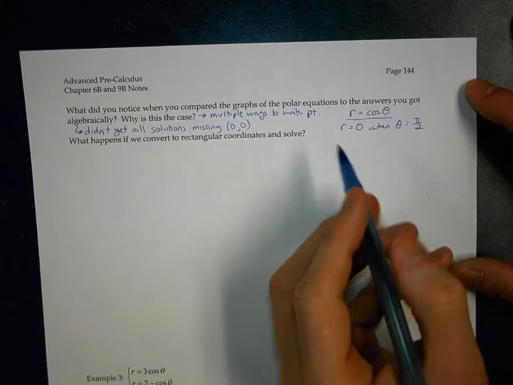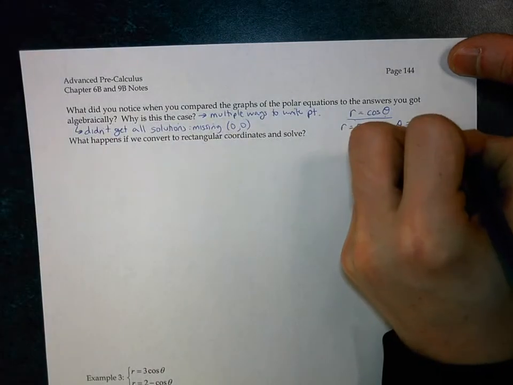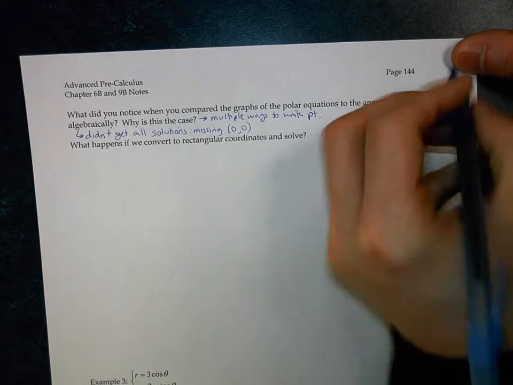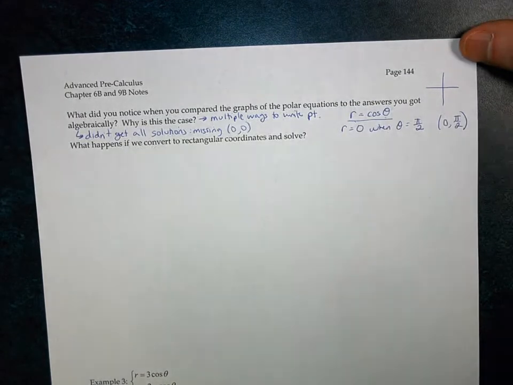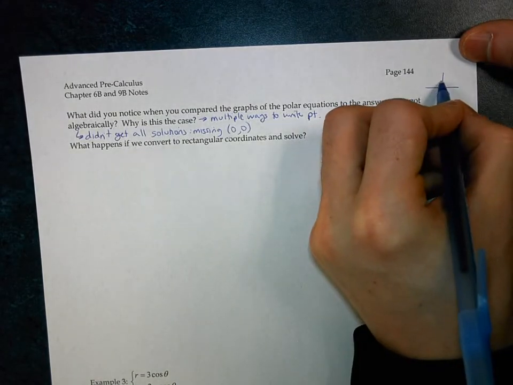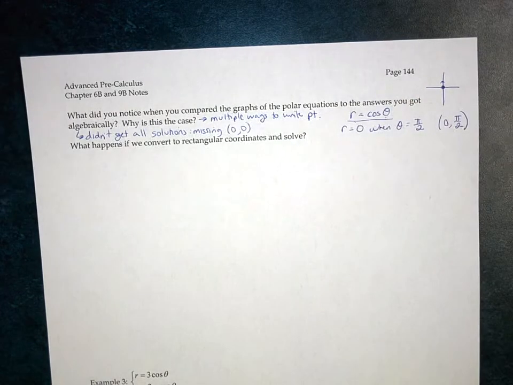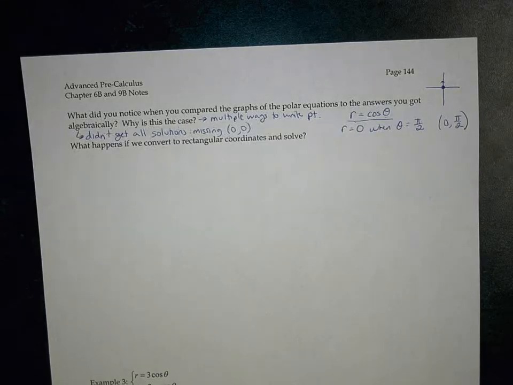This right here, the ordered pair 0 comma pi over 2, if I look at that picture, that means I'm going to pi over 2, I'm facing in this direction, and then I'm going 0 units up, which is still the ordered pair 0, pi over 2, a way to write the pole.